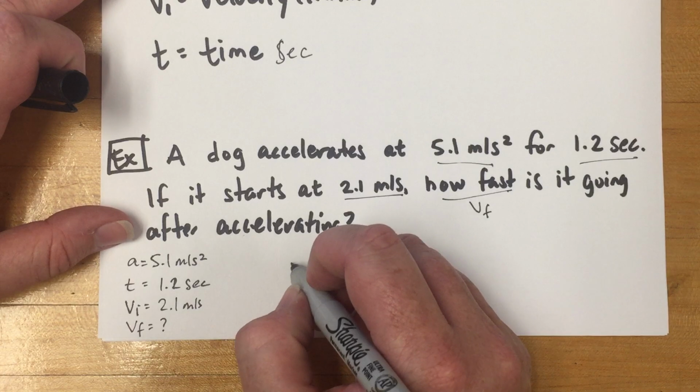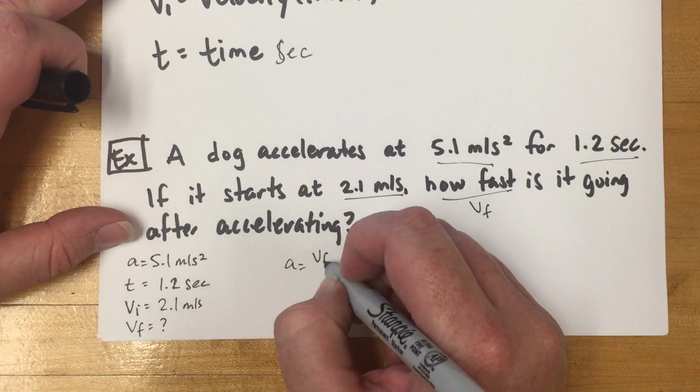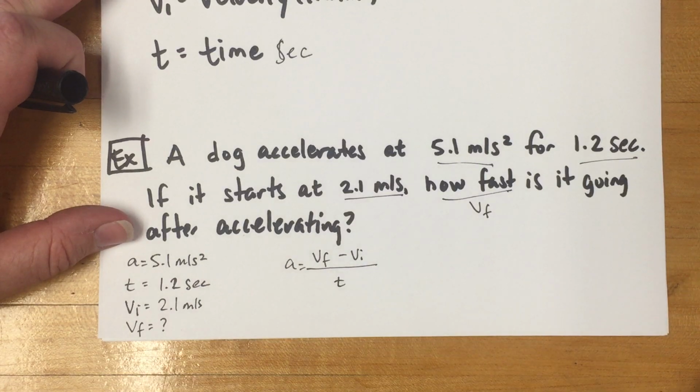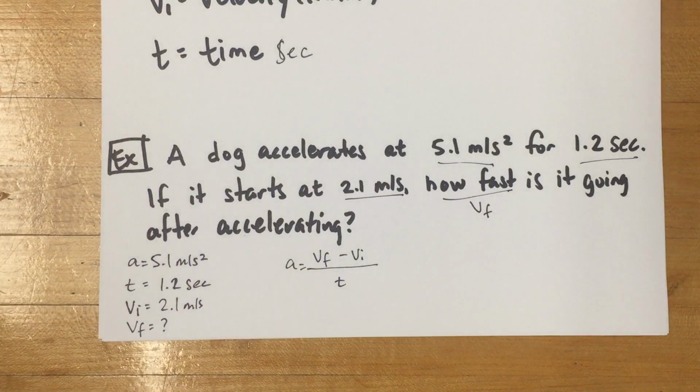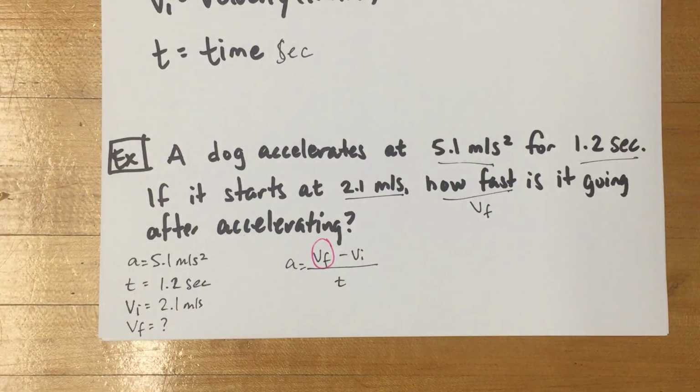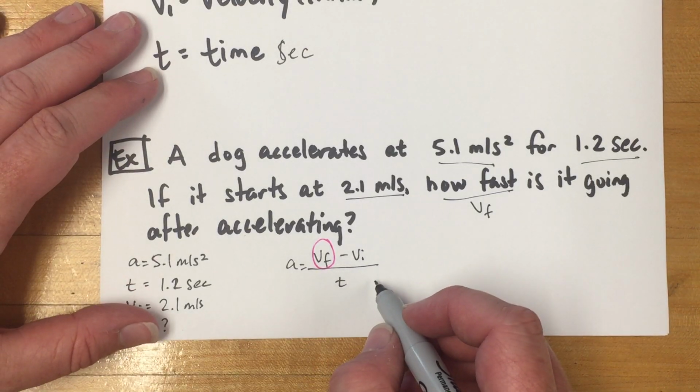Well, the equation that we have is A equals VF minus VI divided by T. We actually are solving for VF in this equation. So we're looking for VF here. And so we need to rearrange accordingly. The first thing we need to do is not have any fractions.